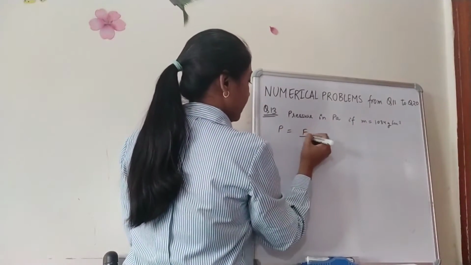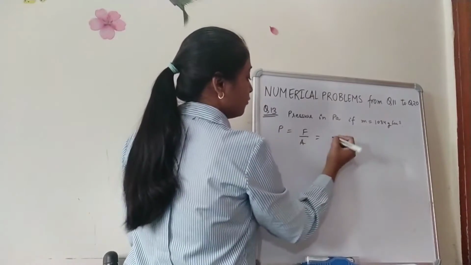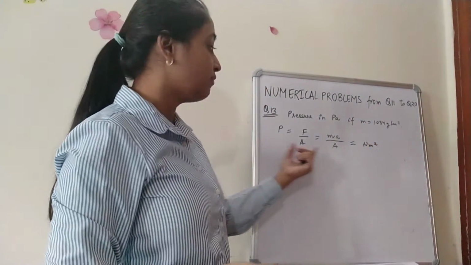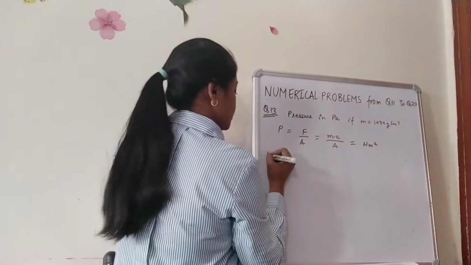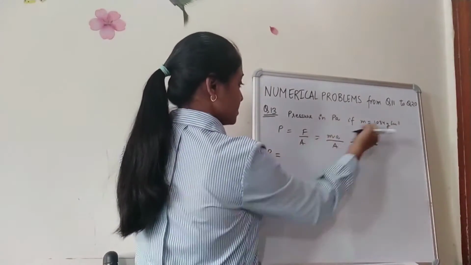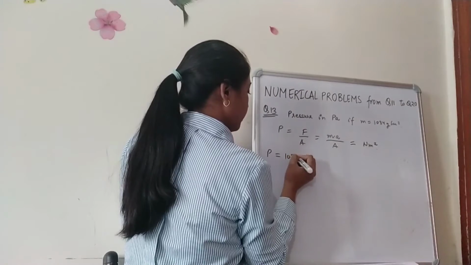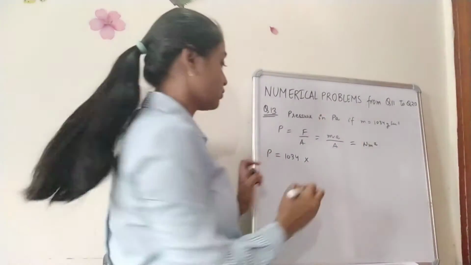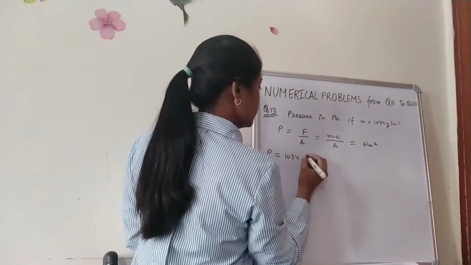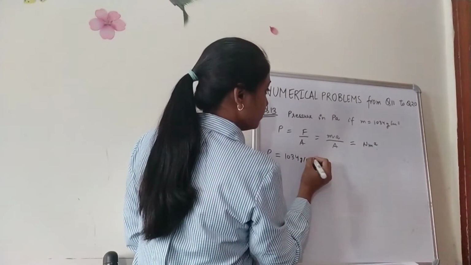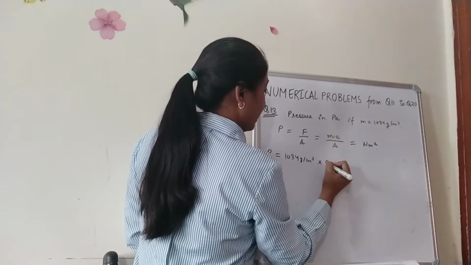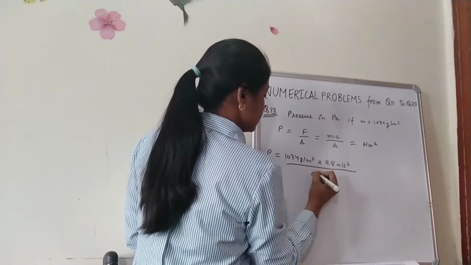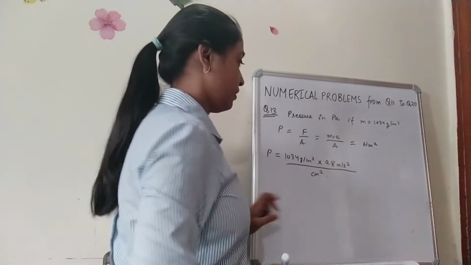Pressure is equal to force by area, and we write it in Newton per meter square, right? So we will put the value here. So pressure is equal to mass, how much? 1034. Acceleration we know is 9.8 meter per second square. So we can write here 1034 gram per centimeter cube into 9.8 meter per second square, and area is centimeter square, right?